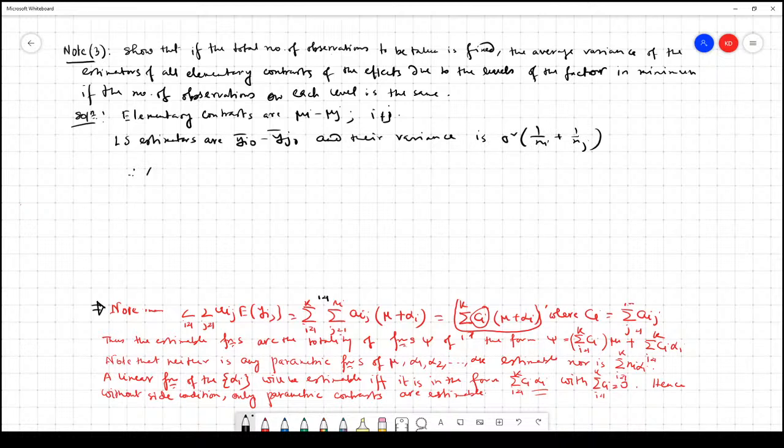Therefore, the average variance, V bar, is equal to the sum over I not equal to j of variance of yi naught bar minus yj naught bar, and here the total number of variances used is k into k minus 1.